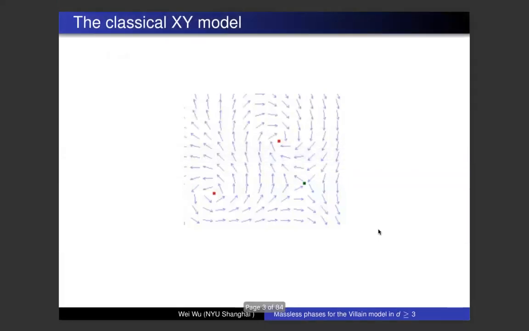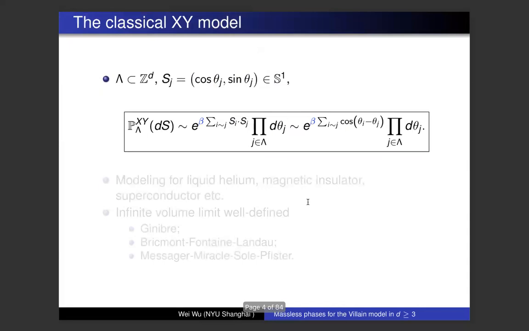So now let's start by gently introducing this classical XY model. As we know, this is a spin model where the spins on every vertex take value in the unit circle. So you can just parameterize the spin at each site by some angle theta.